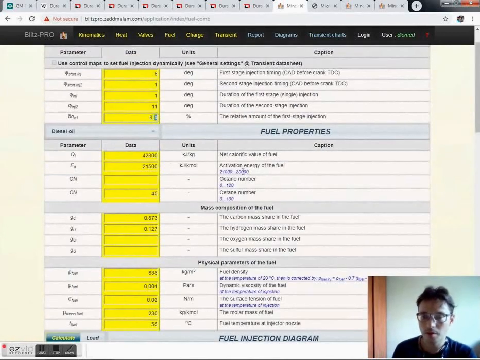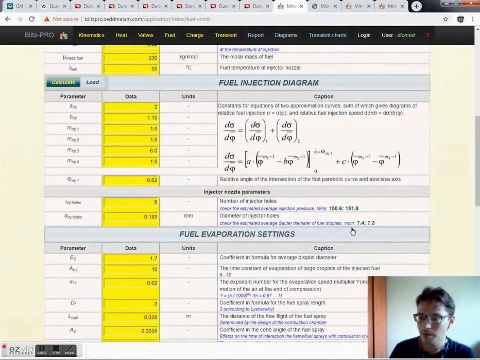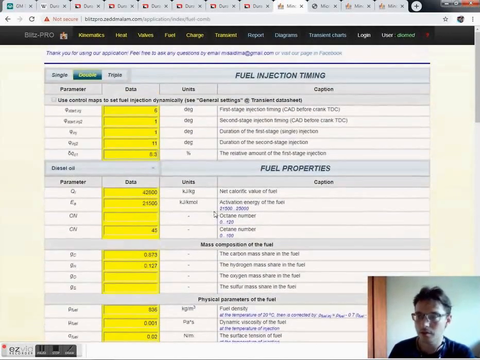Yeah, it's very close because the rail is common, so obviously the average pressure is similar for the pilot and main injection. Okay, so now we can make the calculation and compare the results with the previous one.